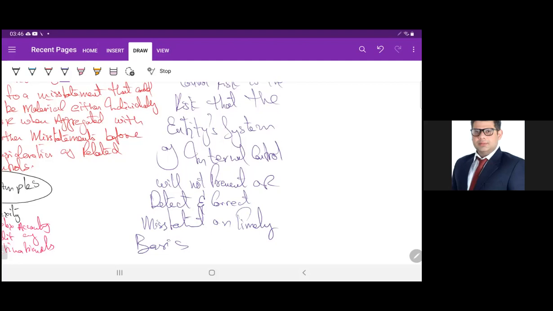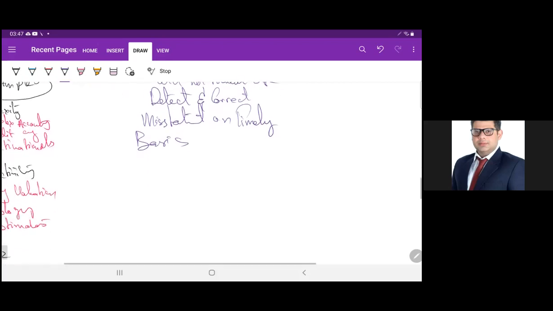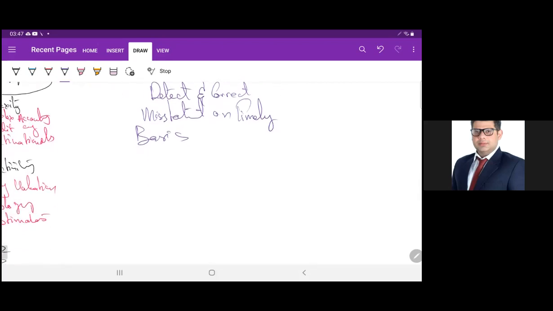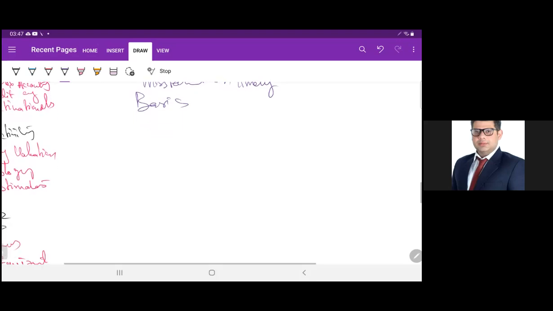So the revised ISA 315 sets out the components of the entity's system of internal control, and candidates need to be familiar with the components set out in ISA 315. Let us discuss this in detail. For example, the control environment, right? Which we have already studied in our earlier studies as well.